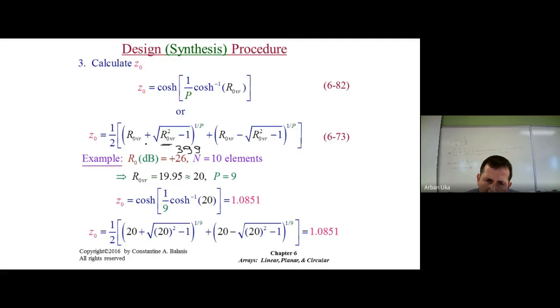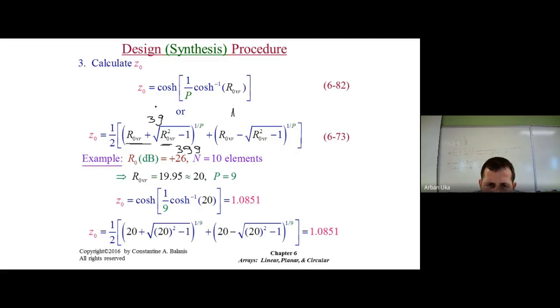So here we have 20 plus almost 20. This is in the order of 39, but less than 40. And then here we have 20 minus around 20, so this is around 1.